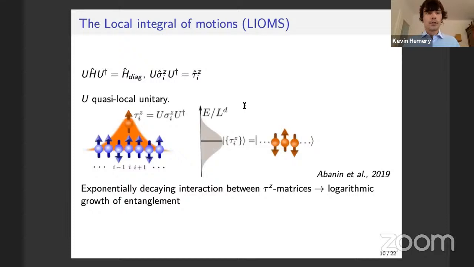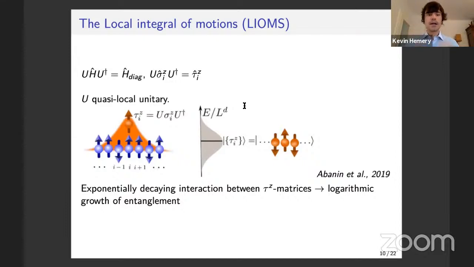Okay, so now we have seen different properties, and actually there is a unifying framework to understand these differences between the two phases. And this is a theory of local integrals of motion. The idea is that there is a kind of emerging integrability in this system.